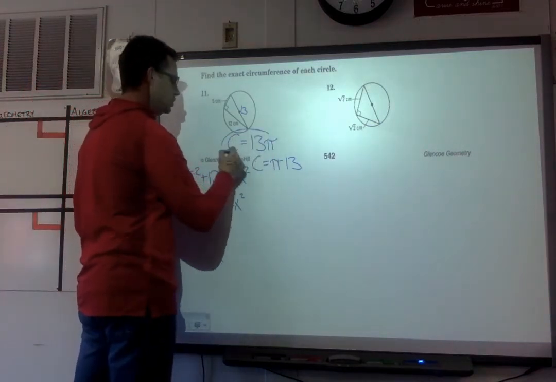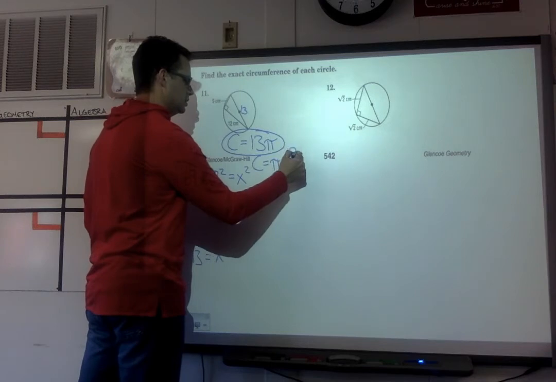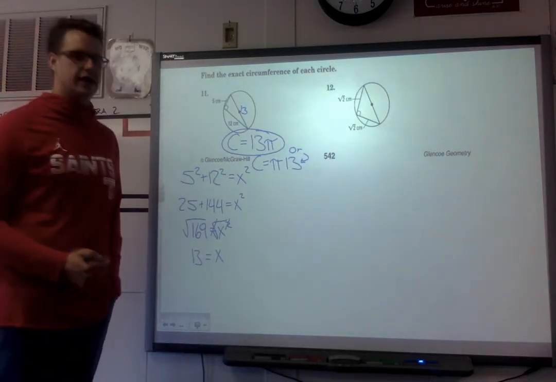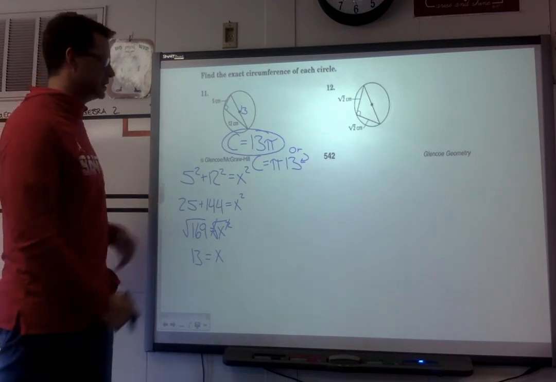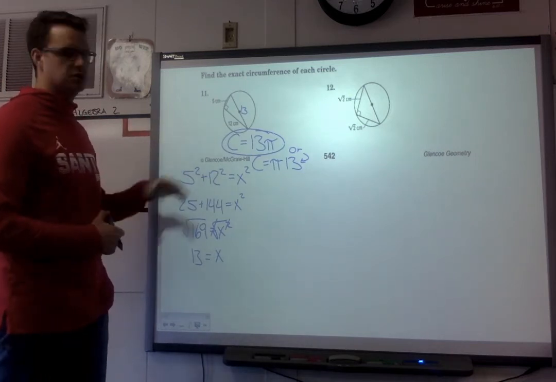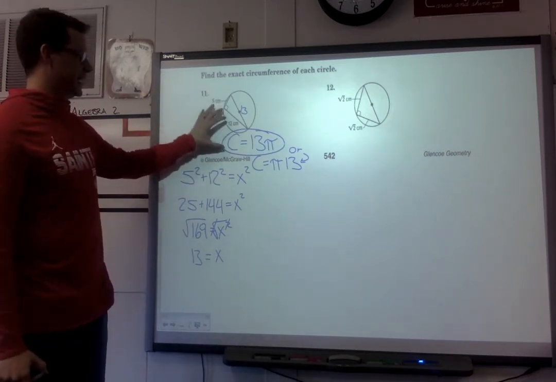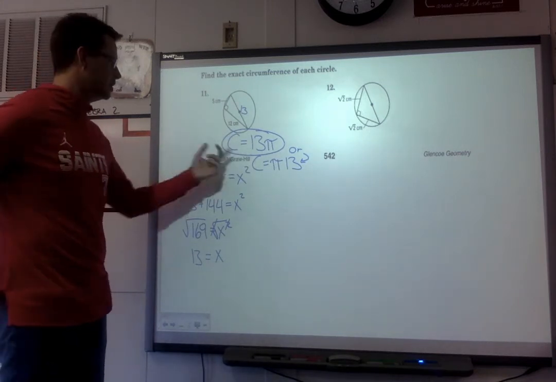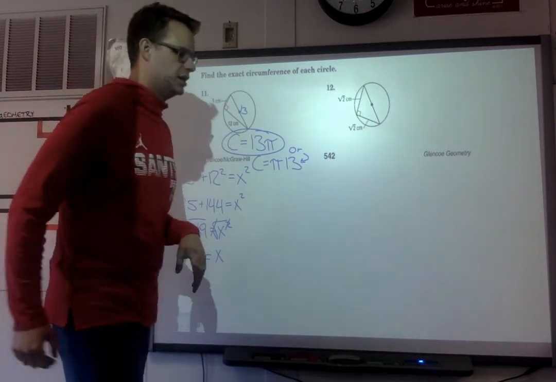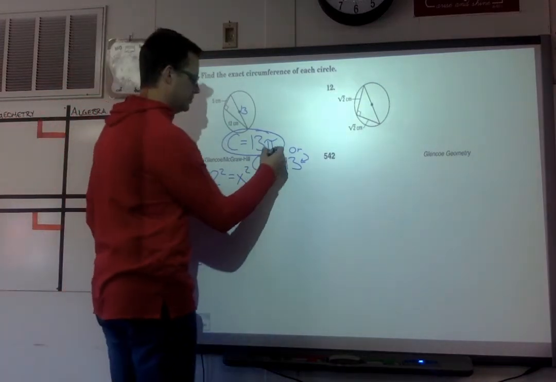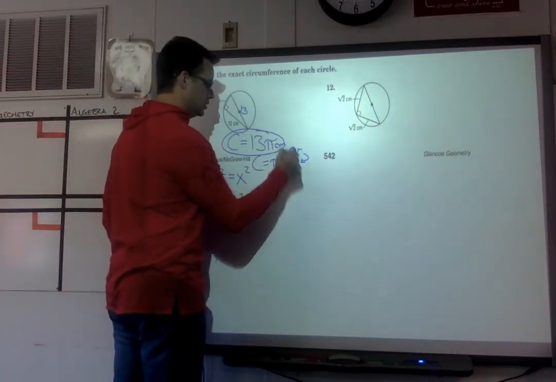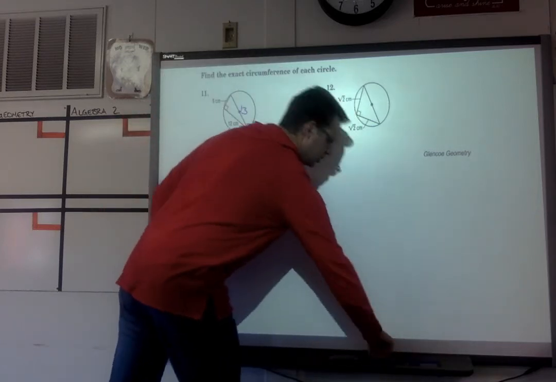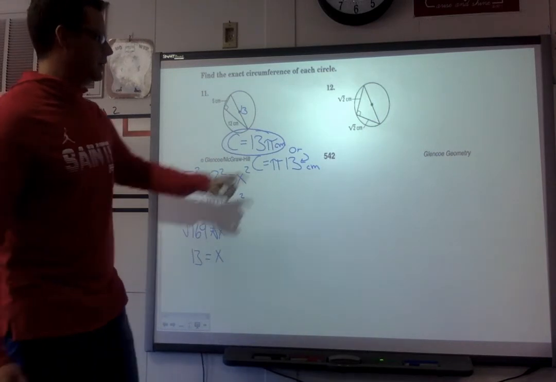But this would be our exact solution. We wouldn't actually plug it into our calculator because then we'd have to round, which would give us the approximate solution. So that's our exact solution right there. Circumference is 13 times pi, or pi times 13. Now I did forget one thing in my answer, and that's my label, centimeters. Let's do one more here.